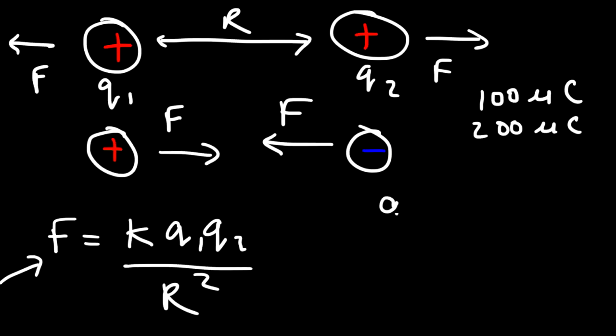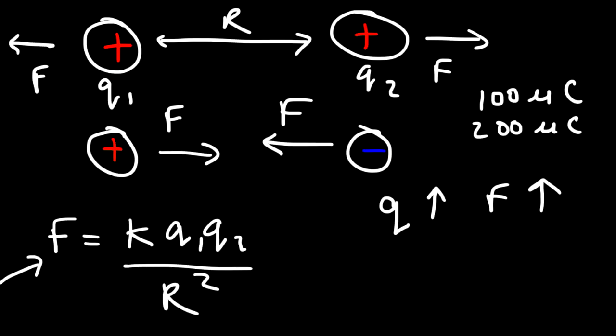If you increase the magnitude of the charge, the electrostatic force between the charges will increase. In fact, if you double Q2, then F will double in value. If you double Q1, F will double in value as well. If you double both Q1 and Q2, F will increase by a factor of 4 because 2 times 2 is 4.